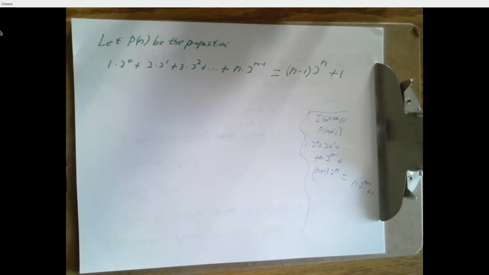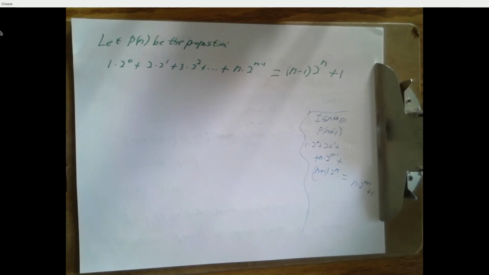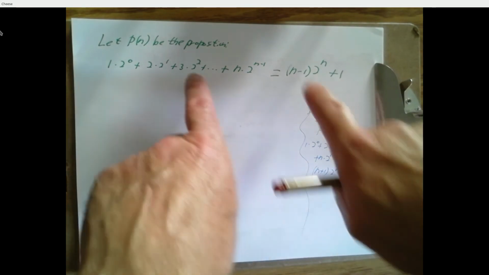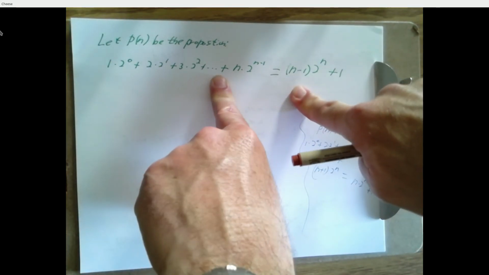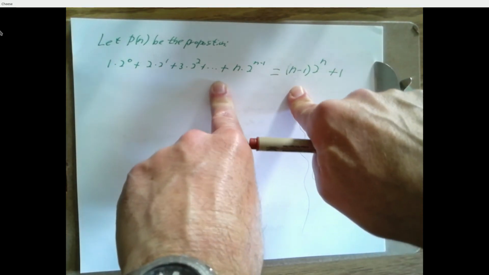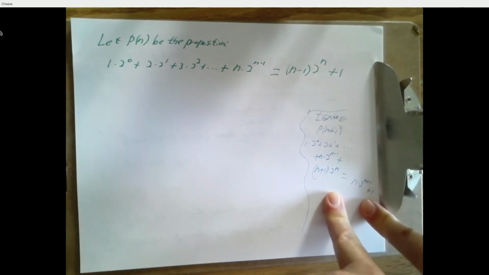All right, so P of n plus 1 is basically saying take the left side, but also add n plus 1 times 2 to the n, and then that should be equal to n times 2 to the quantity n plus 1 plus 1. And then you start to look for how can we do equal things on both sides of this, which we know is true, and somehow get to this.